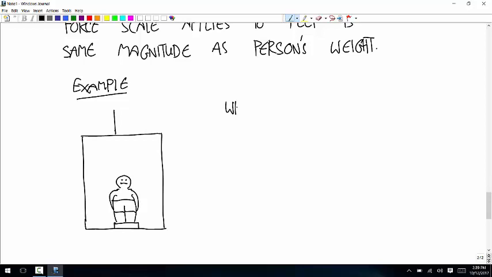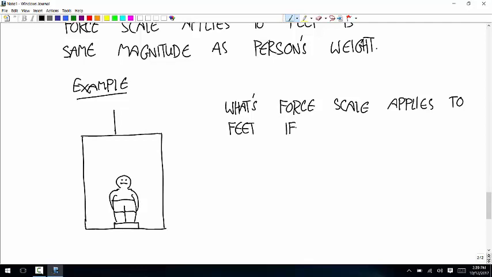So we want to know, what's the force the scale applies to the feet if the elevator accelerates down at 3 meters per second squared?